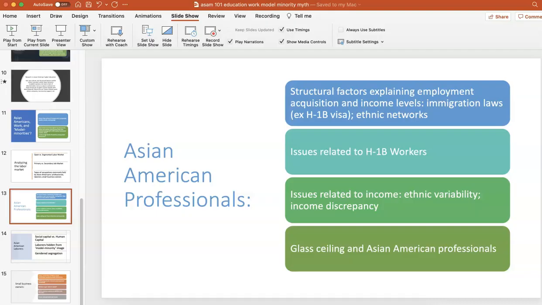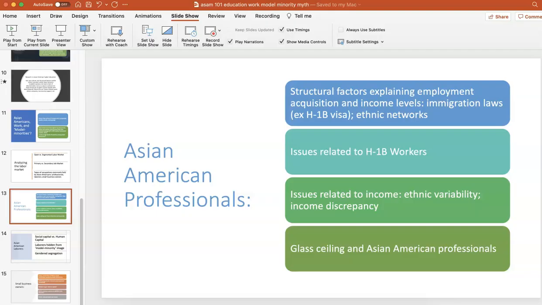Oftentimes, the universities of their home country, their credentials, in other words, well, it's not recognized in the United States. Not all the time, but oftentimes it's not. For example, a doctor from the Philippines, his degree will not be applicable to the United States. Okay, and other jobs apply as well. So often they accept not only a downgraded status in terms of jobs, right, being a nurse instead of a doctor, but often they accept lower wages.